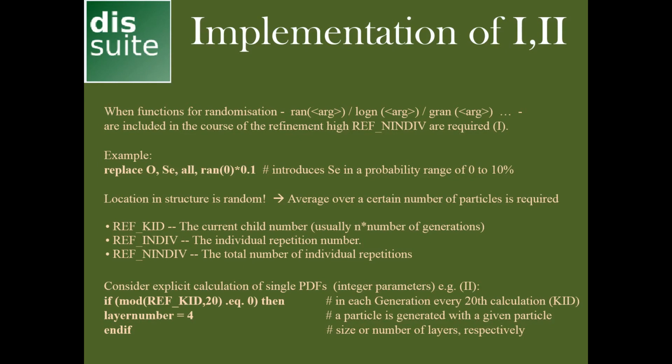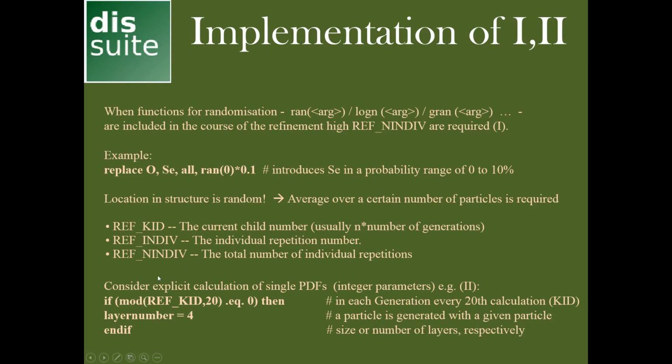That is completely random. It might happen that just in a corner of your structure all oxygens are replaced, whereas in a second run of this line or of your parameter set you have an equidistant replacement of oxygens in your structure. So again, even this line forces you to increase the value of ref indiv and repeat your calculation and average the particles to make this probability value meaningful.